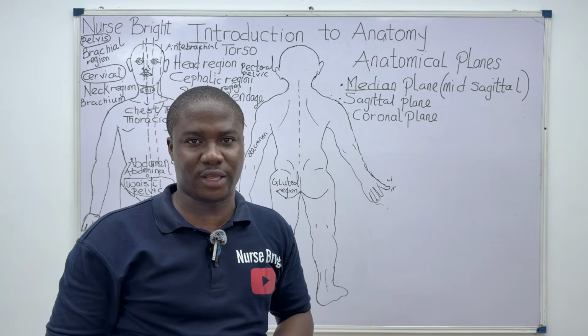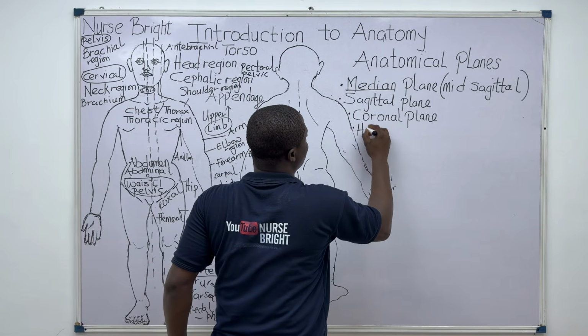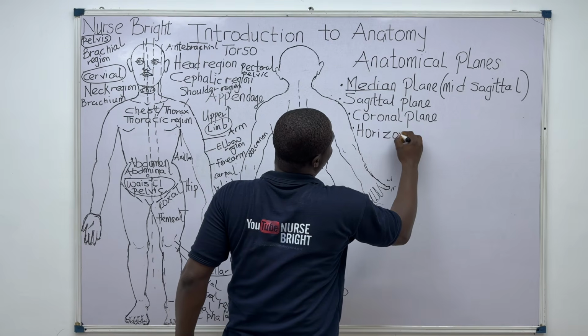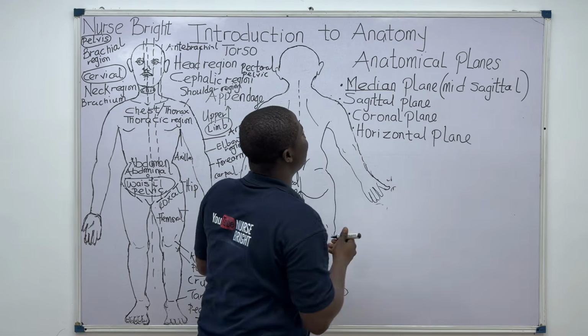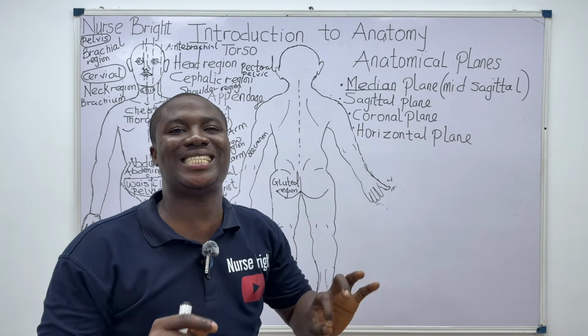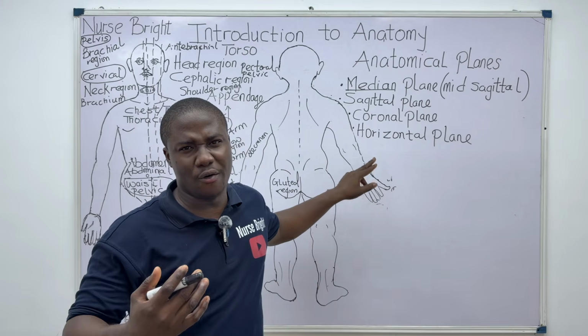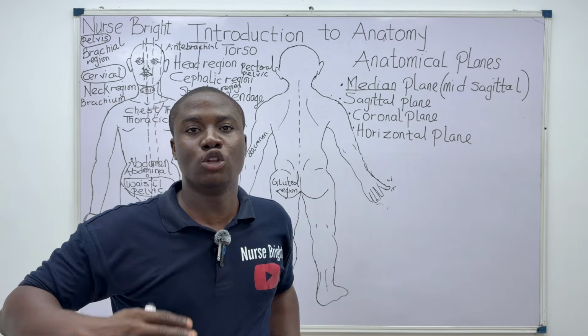Let us move further, to the next plane called the horizontal plane. For this plane, you can see the word horizontal. Listen, the median plane, sagittal plane and coronal plane are all vertical planes. This one is now horizontal. This is a plane that cuts the body into two portions.